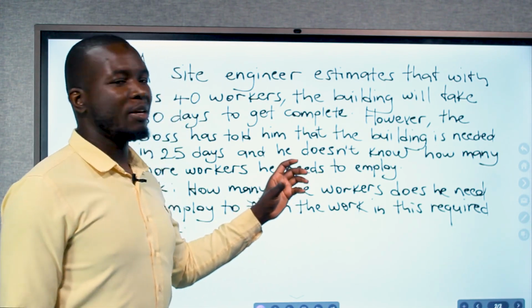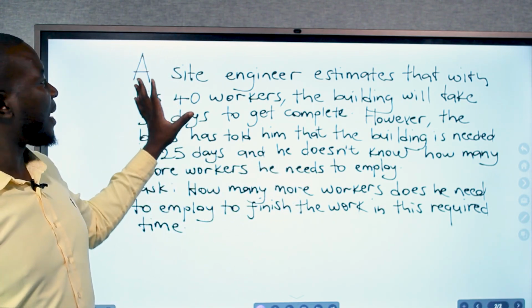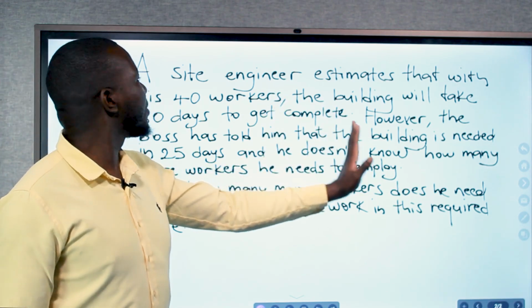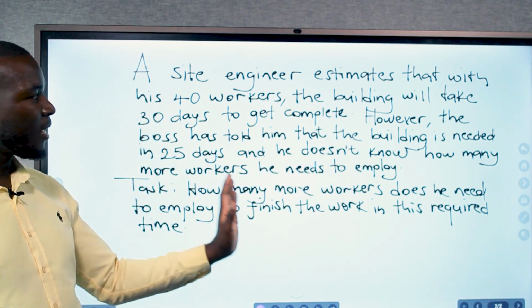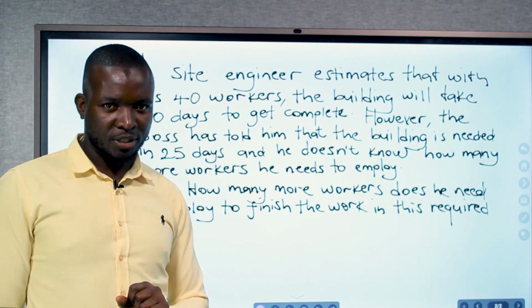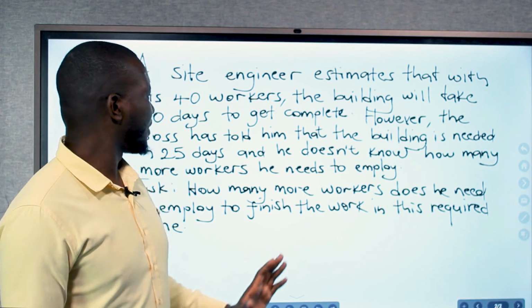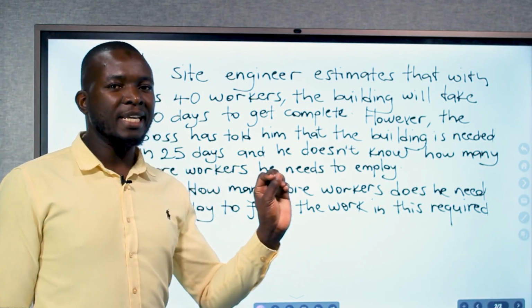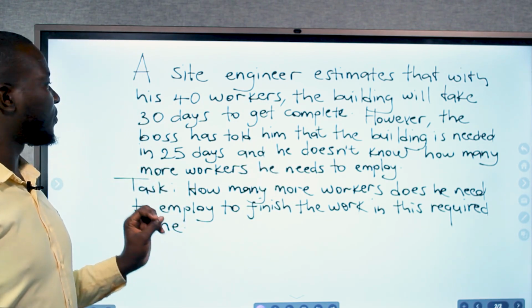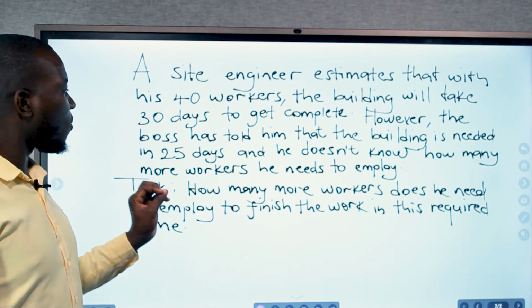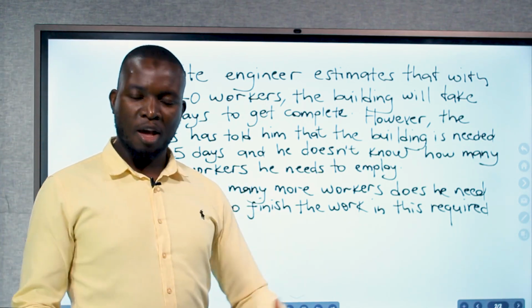We're having a simple case study. They are telling us that a site engineer estimates that with his 40 workers, the building will take 30 days to get complete. However, the boss has told him that the building is needed in 25 days and he doesn't know how many more workers he needs to employ.